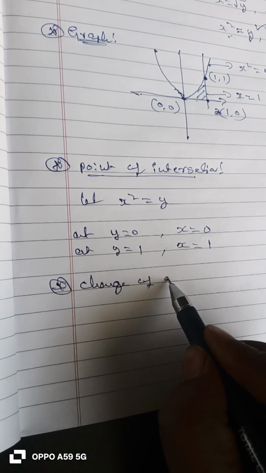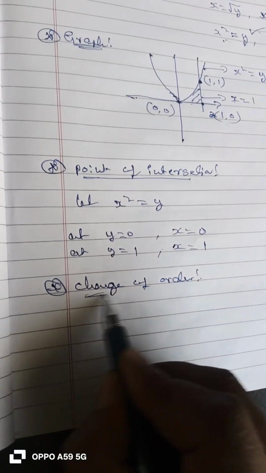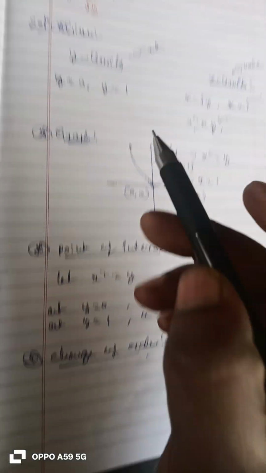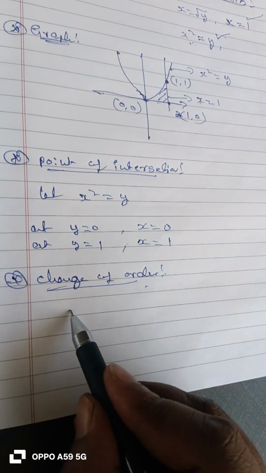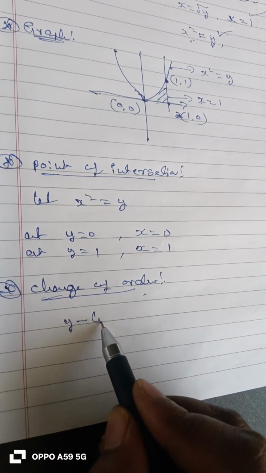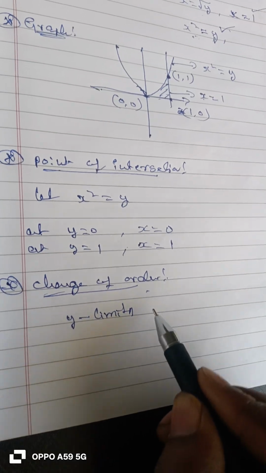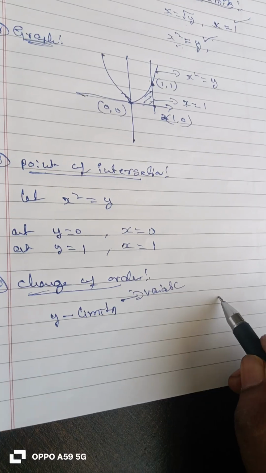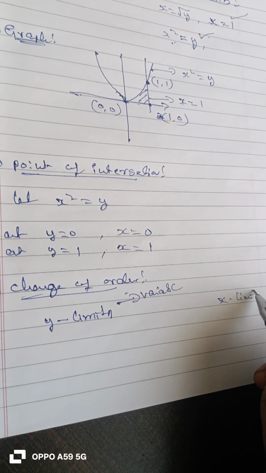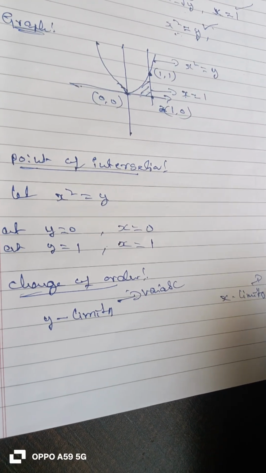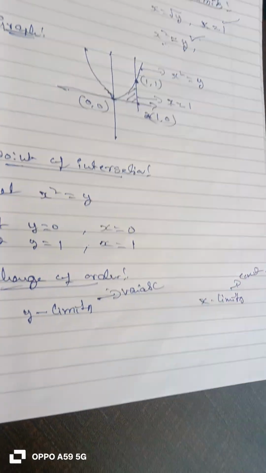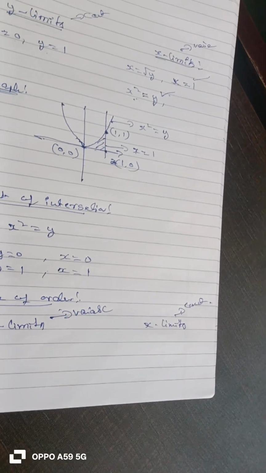Now, change of order. For the change of order, they gave y as the constant limits first. Now let me take it as a variable limit. Next, the x limit they gave earlier as a variable limit, now let me take it as a constant limit.